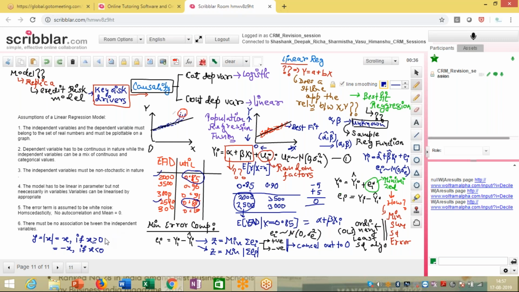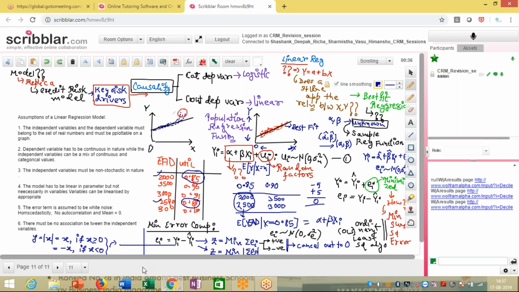So what it means essentially is that no matter what the values are, y will always be positive. Okay, so let's say this is x.